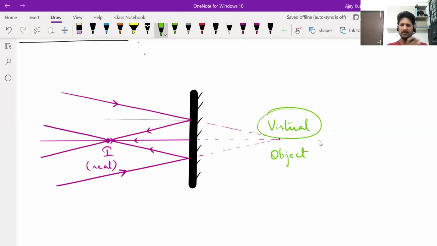And you apply the mirror formula, you can find out where the image is. Since this is a plane mirror, it's easy to visualize. Image will form at the same distance in front of the mirror where the object is behind the mirror. See, there's nothing actually behind the mirror, but the incident rays are traveling as if they are going to meet behind the mirror. So after reflection, they'll meet in front of the mirror. So the point where they appear to be meeting behind the mirror behaves as the object now, and we call it a virtual object.